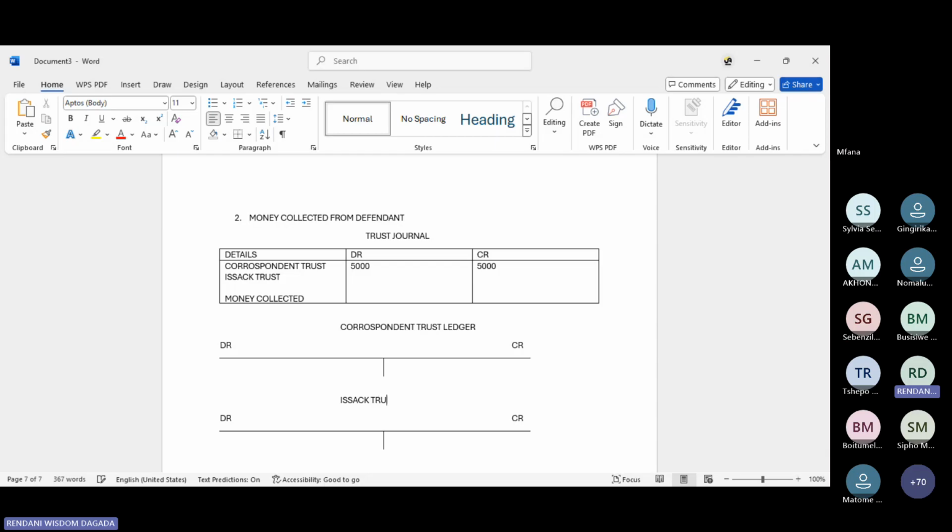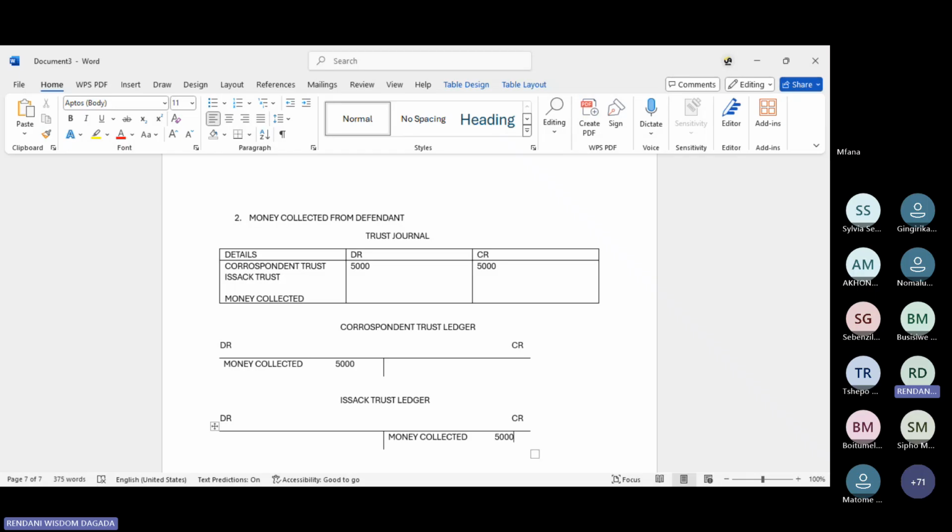Isaac trust ledger. So for correspondent, it's on the debit side. You're going to say money collected, 5,000 on the debit side. For Isaac, it's credit side. Money collected on the credit side. That is step number 2. That is how you do step number 2.